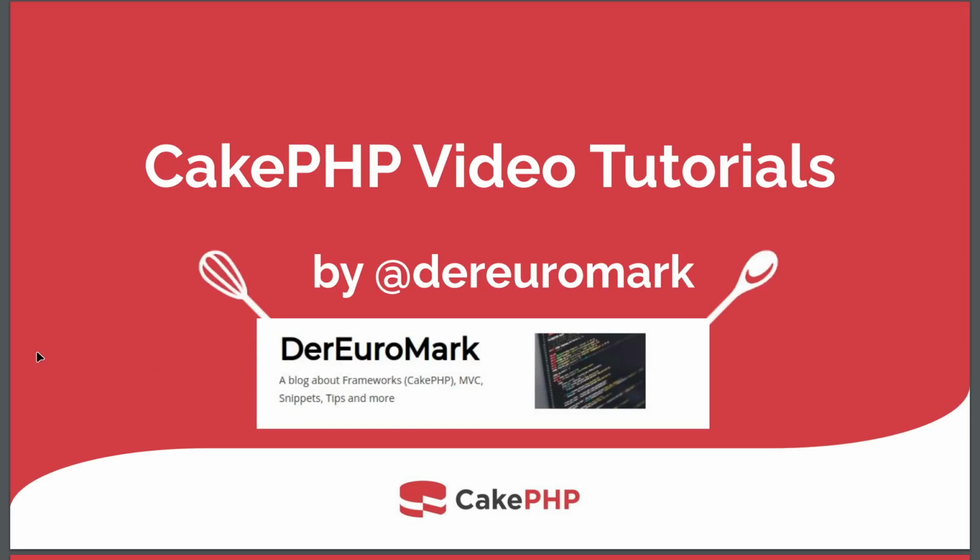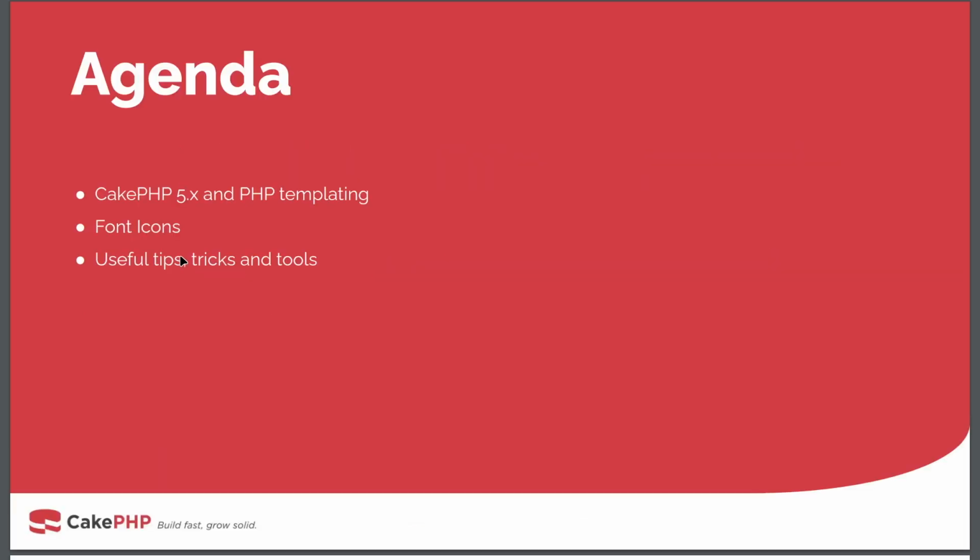In this second video tutorial that directly connects to the first one, we today want to talk about CakePHP 5.x, right now it's 5.1, and PHP templating and everything around templating, that I also helped build a plugin for called Templating.